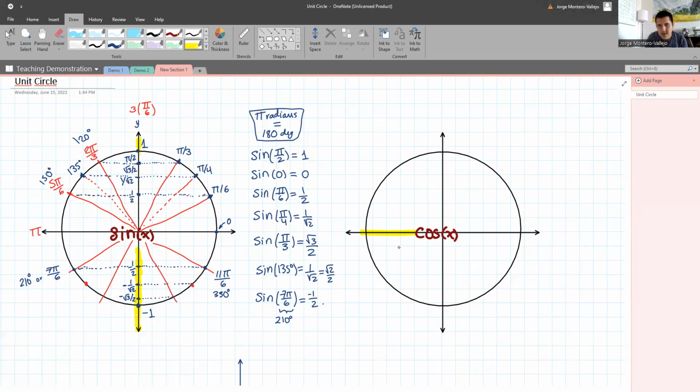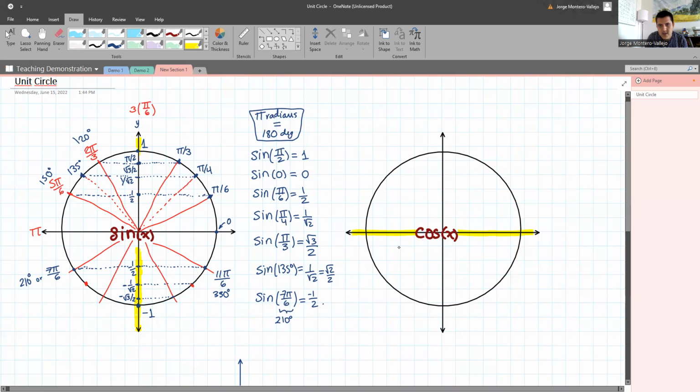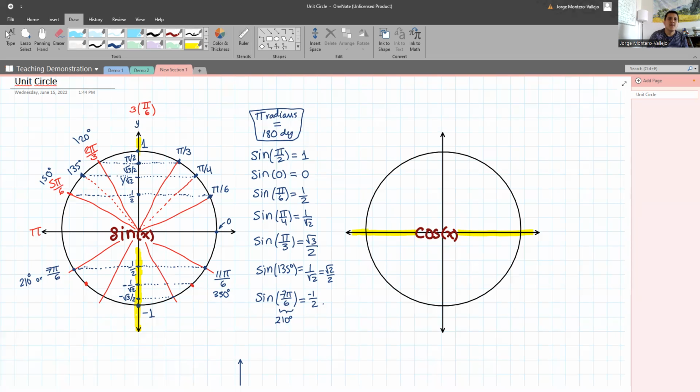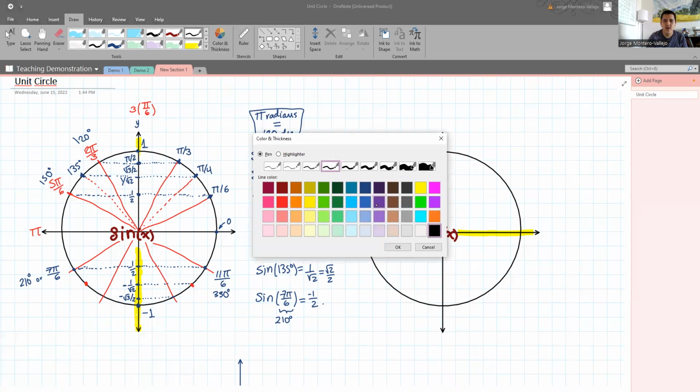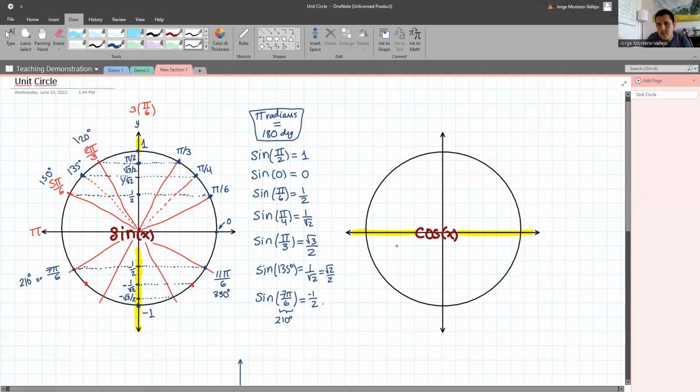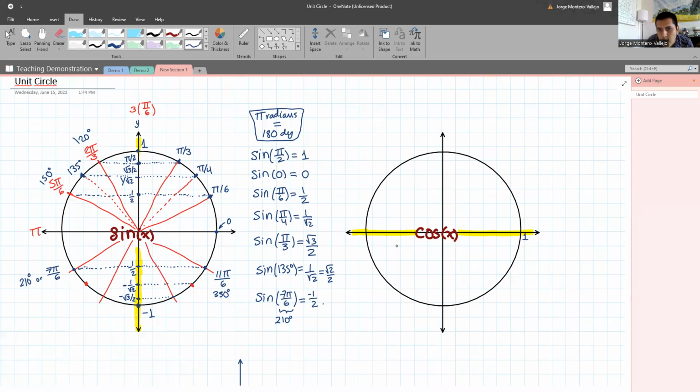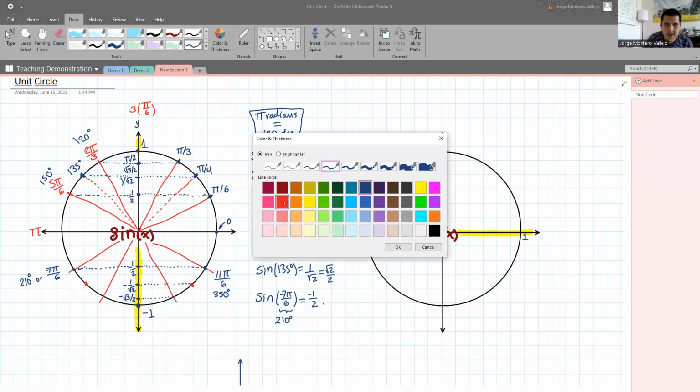So you see how it's much easier than before, just highlighting. And what we want to do is place 1 and -1 on there, as if it was just a number line, right? So we want to place 1 here. This is the origin, 0, and then this is -1. Okay, and we are going to do the same. We are going to place the main angles and see where they land.